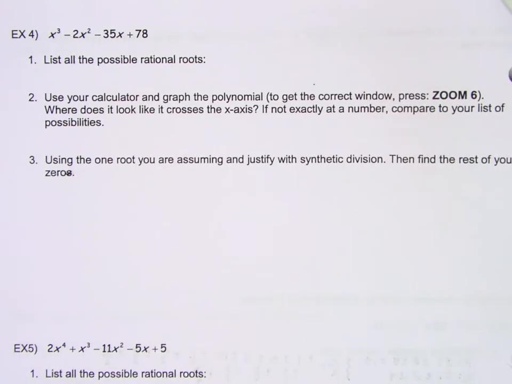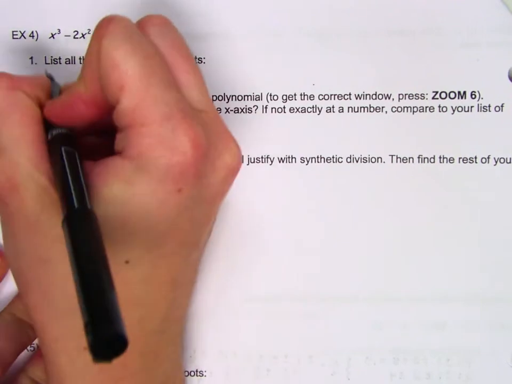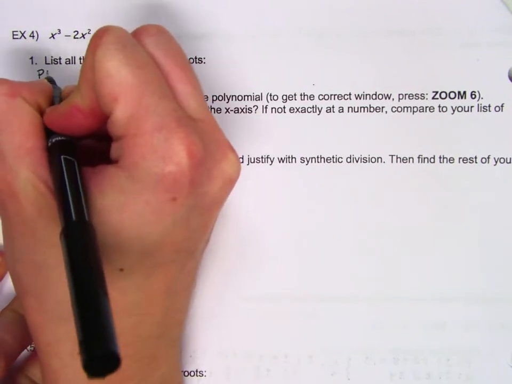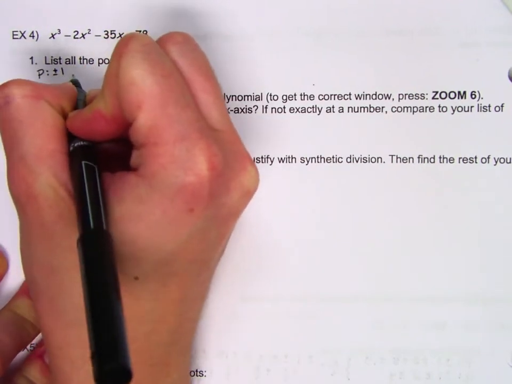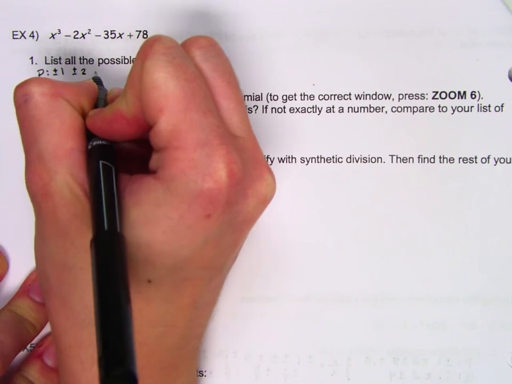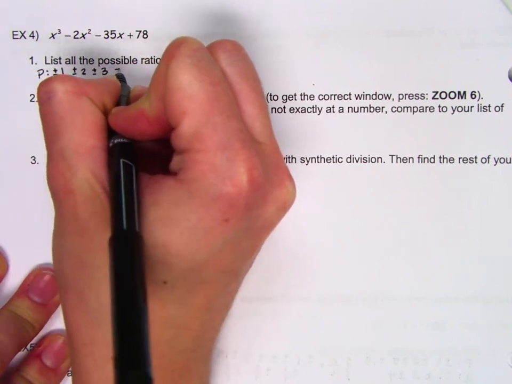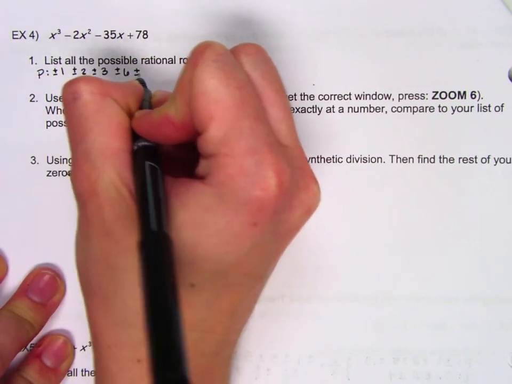Once again, we need to list all the possible rational roots here. If you go through and find all of your factors of p, your values for p include plus or minus 1, plus or minus 2, plus or minus 3, plus or minus 6, plus or minus 13.